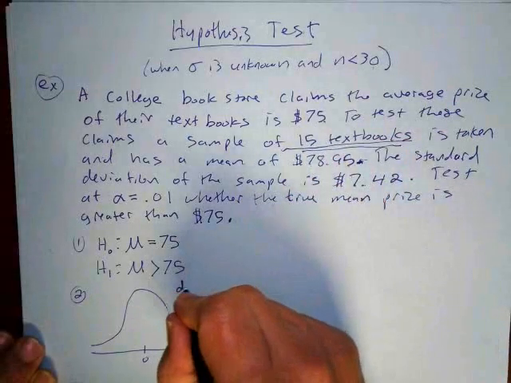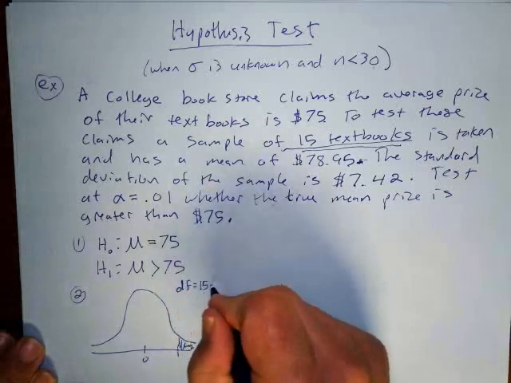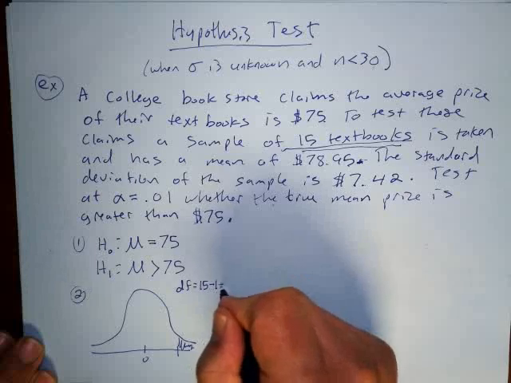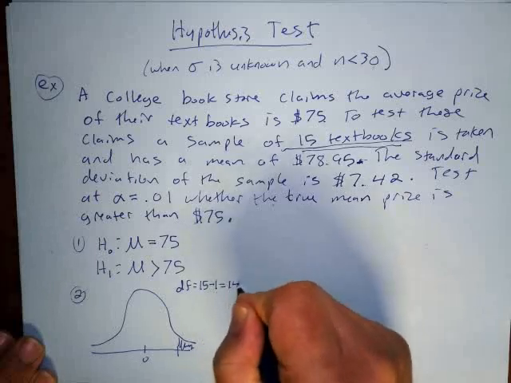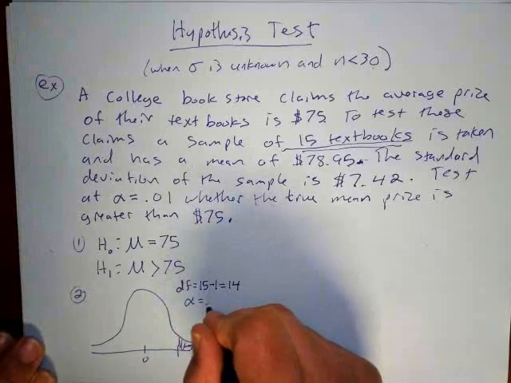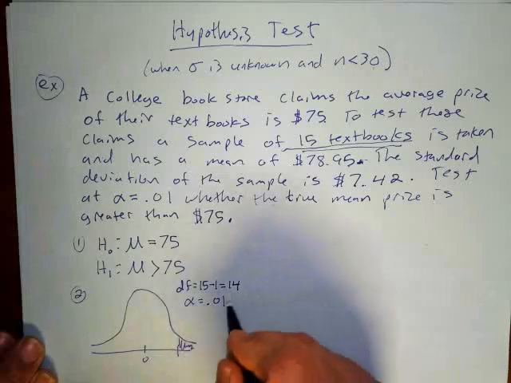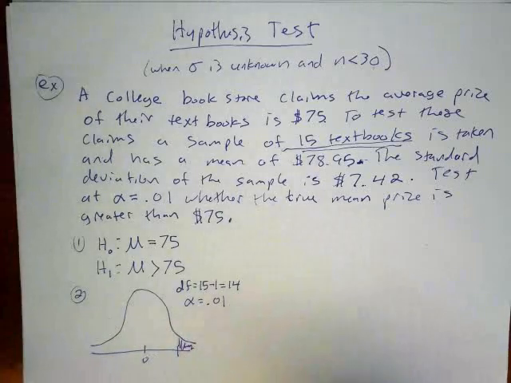So I'm going to find my degrees of freedom, and the degrees of freedom is going to be n minus 1, just like for the confidence intervals. And then my alpha is 0.01. So this is a one-tailed alpha with 14 degrees of freedom.